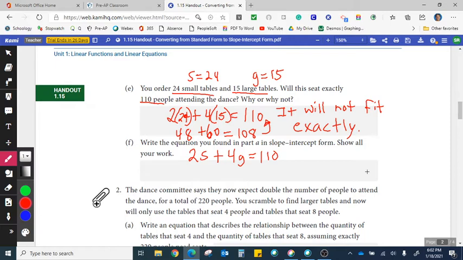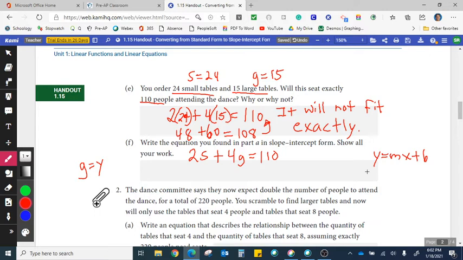Slope-intercept form is, remember, y equals mx plus b, and usually your second variable we're going to call the y variable. So we'll say that g is going to equal y.